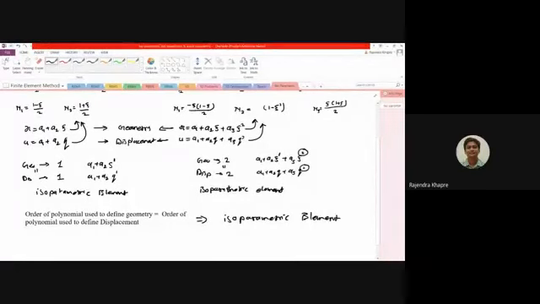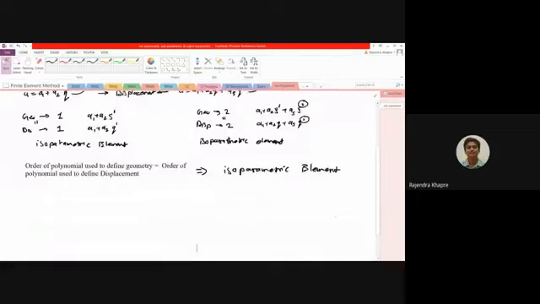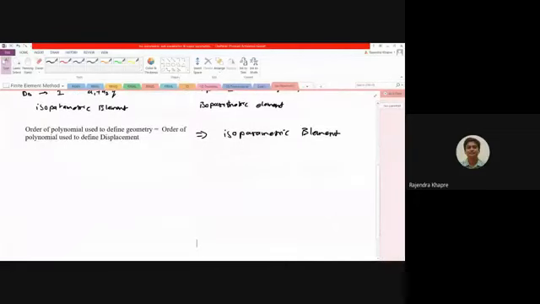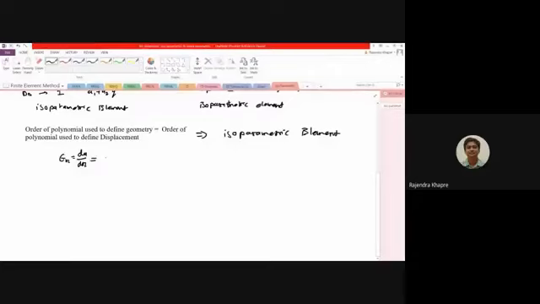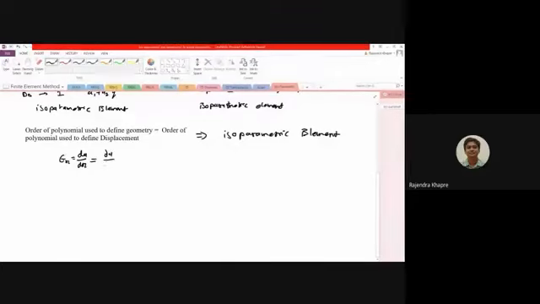Okay, so once this is known, what you can do is you can go for the derivation of stiffness matrix. Okay, and the derivation of stiffness matrix is very simple. First of all, you have to calculate the strain. Strain is nothing but du by dx, which can be written as del u by del xi and del xi by del x.